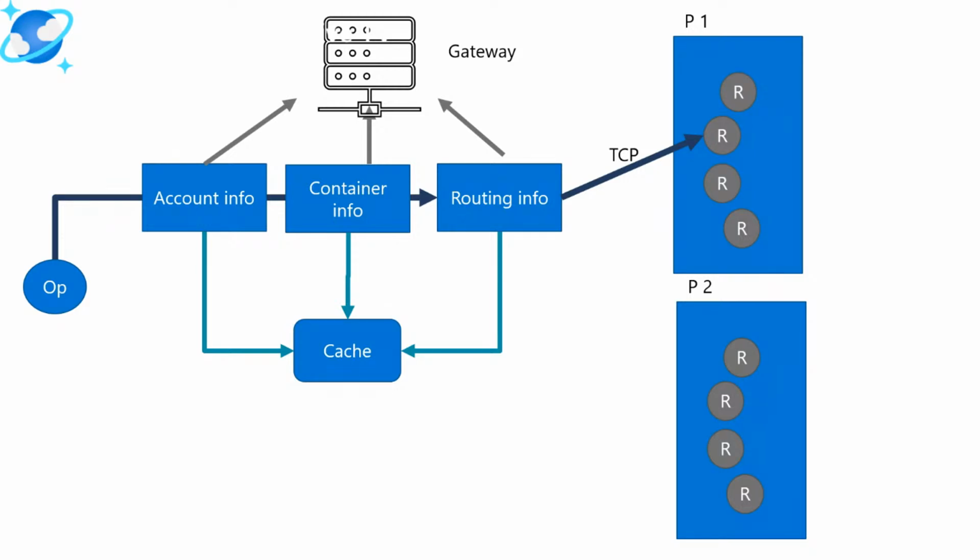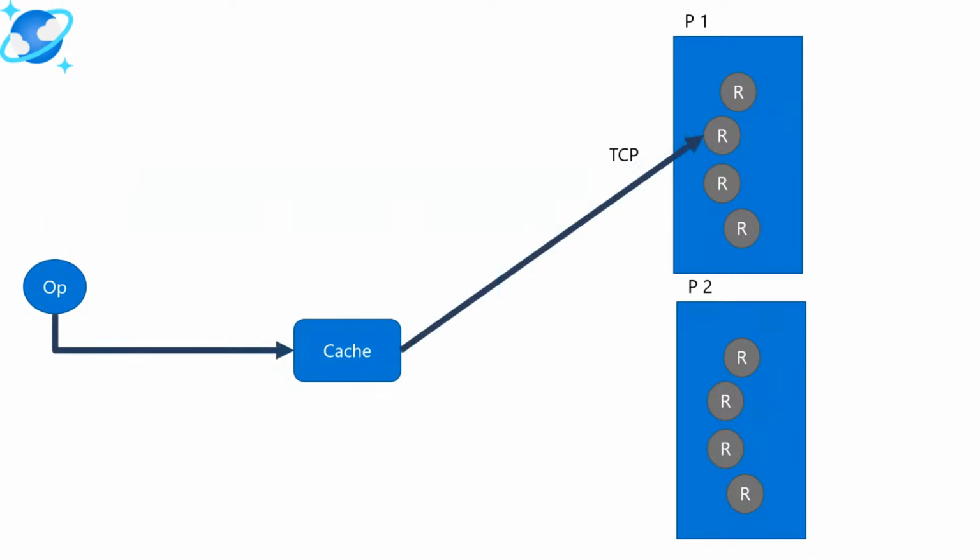When a second operation comes afterwards, we have all the information that we require in the cache, and we will just reuse the TCP connection, which is already open, and send that operation to the partition. In the case where this second operation targets a different physical partition, the only difference is we will open a second TCP connection and execute this operation on a replica of the other partition.